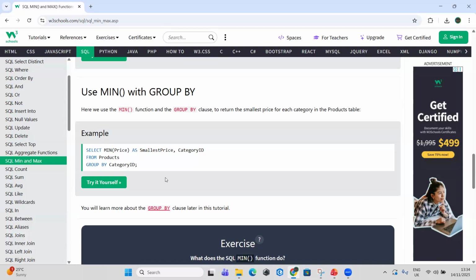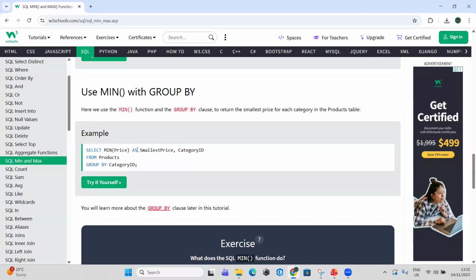So this is getting even more complex. Here we use the minimum function and the group by clause to return the smallest price for each category in the product table. What is a problem here is that this comma will confuse you.